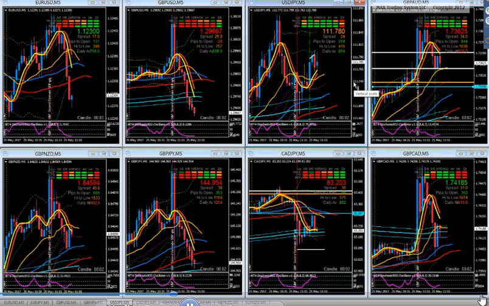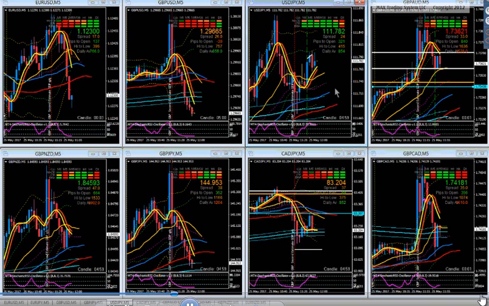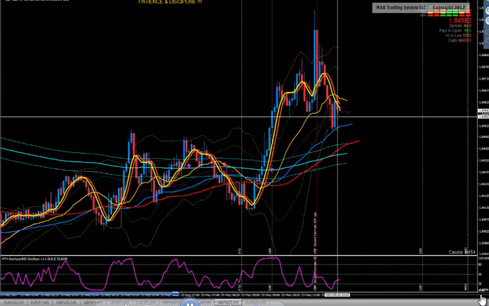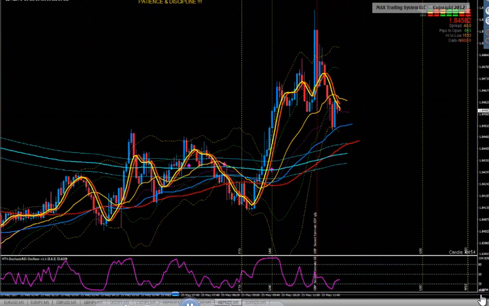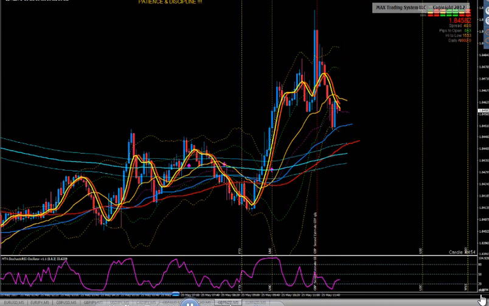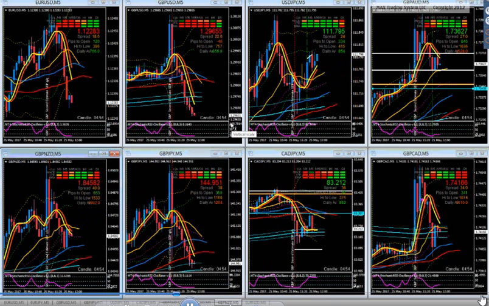Okay, let's see here if the pound kiwi gives us a valid entry setup, because we have a candle here. No, it is not a valid entry setup. So we have to wait perhaps the next candle, but then we will be too close to the home base. So we have to wait five more minutes. Not a retracement enough in the euro US dollar, no retracement at all in the pound US dollar, nothing in the pound yen for the moment.